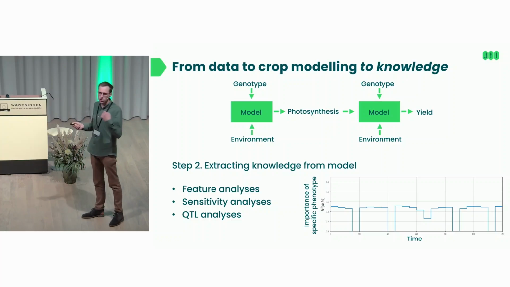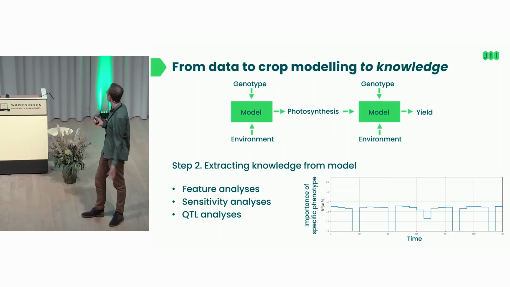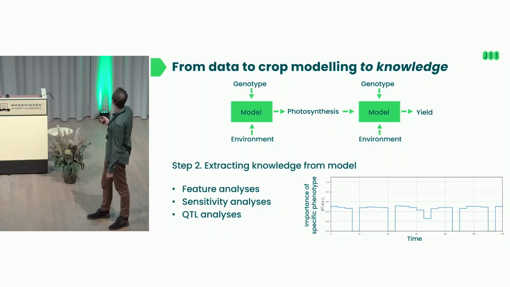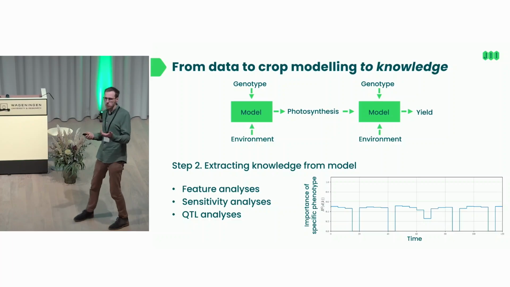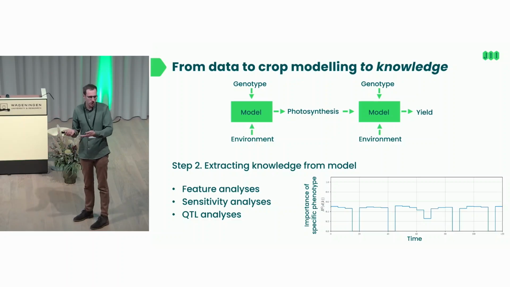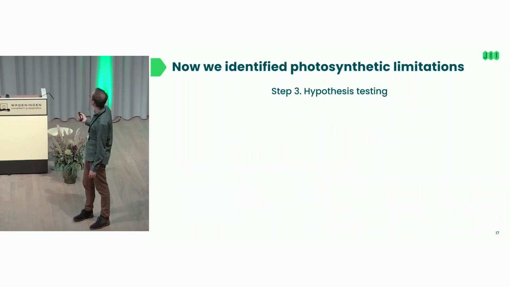For each parameter that we measured using these sensors, which we measure over time, so let's say this is sowing and this is harvesting, which is, bear with me, not what the graph is really showing, you could realize that a certain trait at some point is more important than other traits. So the importance of a certain trait at a certain time point would tell us something about when this particular trait is limiting.